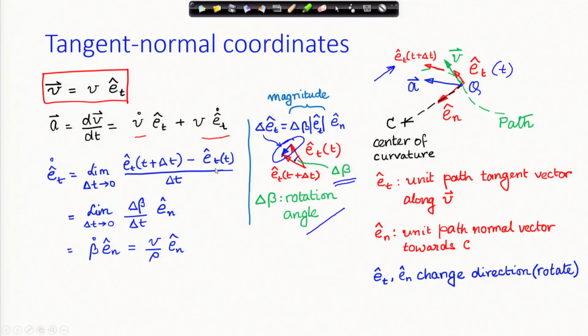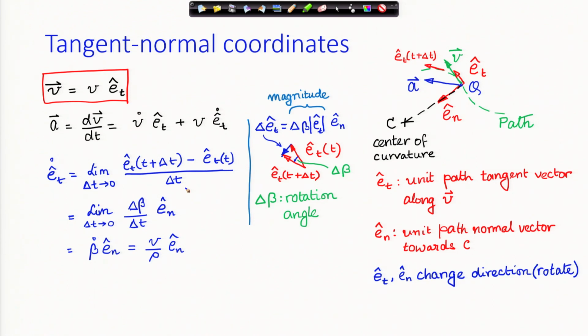Therefore, the numerator of this is nothing but delta beta times E_n cap, and in the denominator sits delta t. Therefore, the limit as delta t tends to 0 of delta beta by delta t times E_n. So, that is E_t dot, and finally, in the limit delta t goes to 0, this becomes beta dot, and remember beta dot was v over rho, the speed over the radius of curvature.